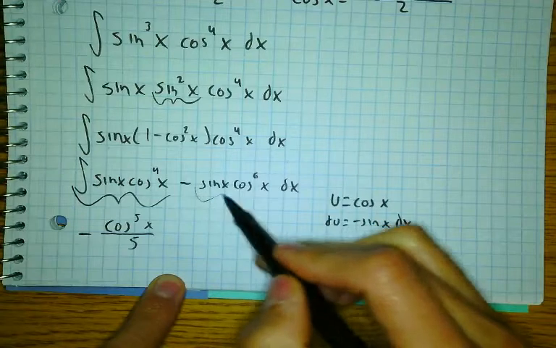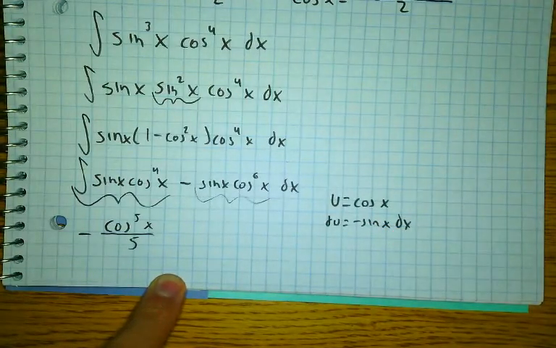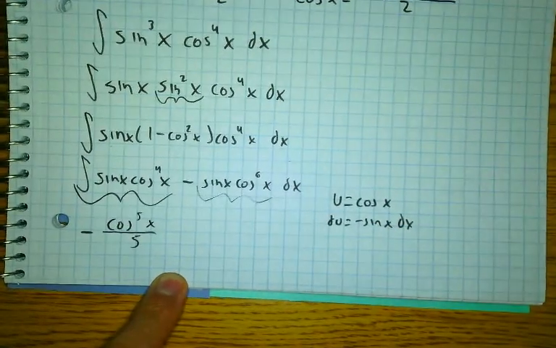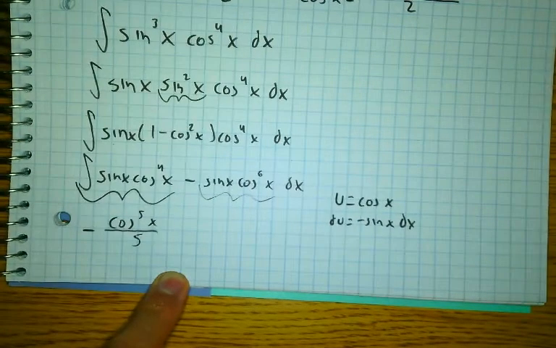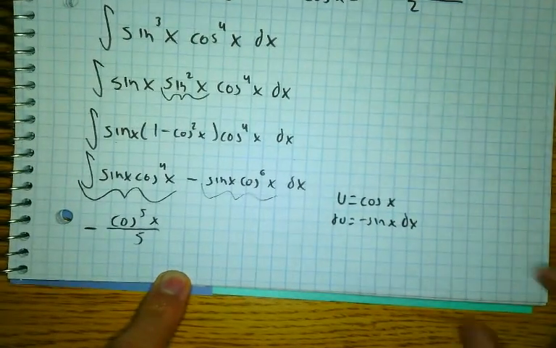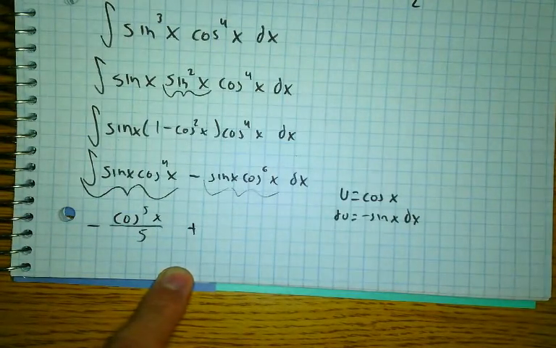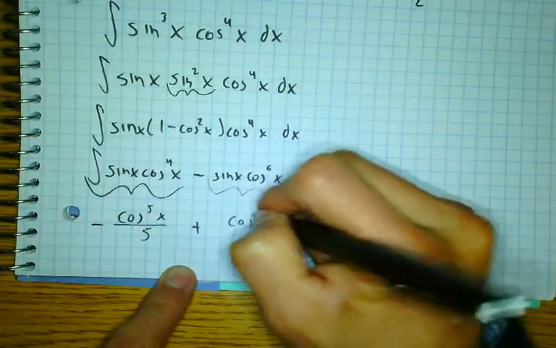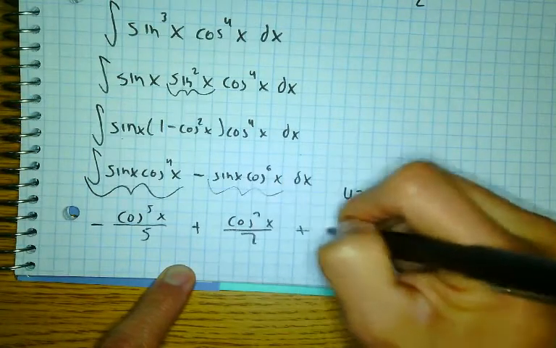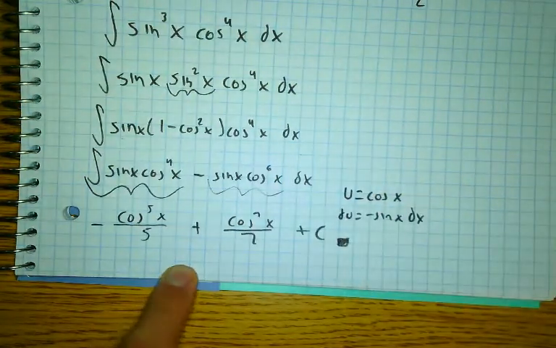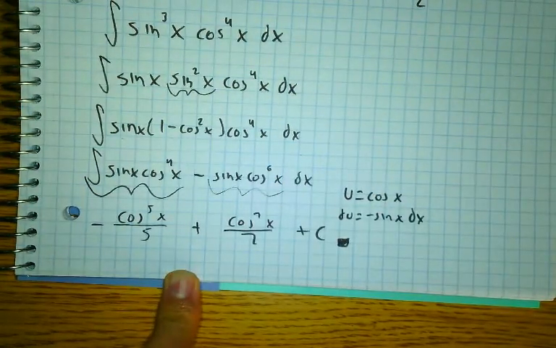And then this one right here just became u to the sixth, right? Positive because it already has the negative in there. Agreed? So if we integrate that, what does that give us? u to the 7 over 7, which in this case would be cosine to the 7 over 7 plus c. And that would be the solution to our integral.